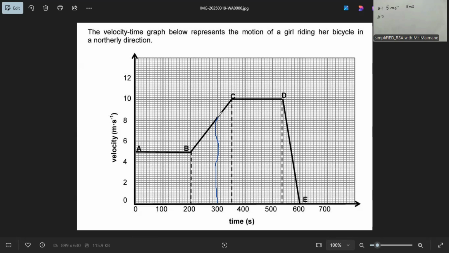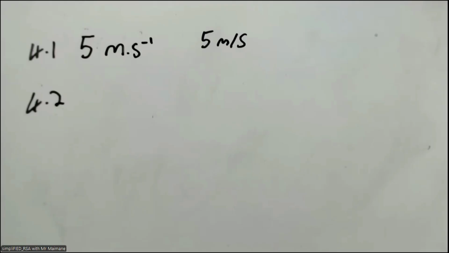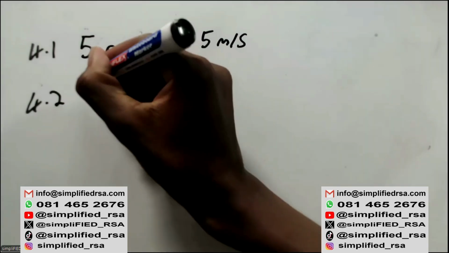At this point where 300 seconds touches the graph, what is the velocity? If I slide to my left, you can see that it roughly corresponds to, I would say, 8.3, 8.4 meters per second. It's not going to be accurate on my side, but I can tell that at that moment, the velocity is actually 8.4 meters per second.